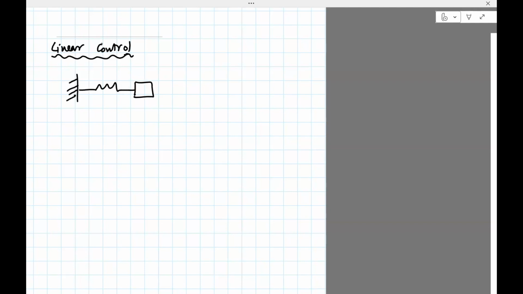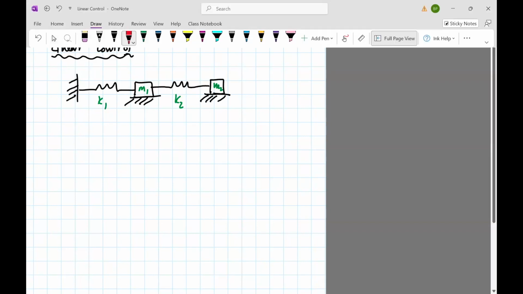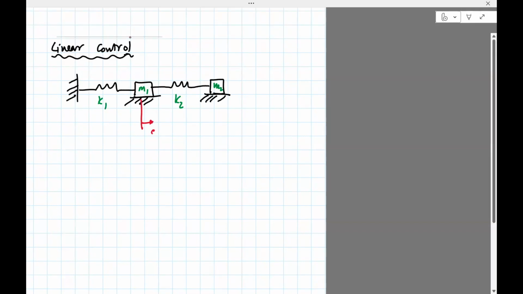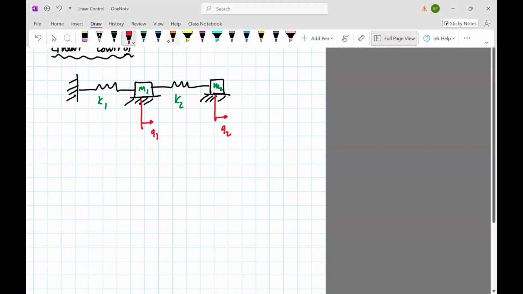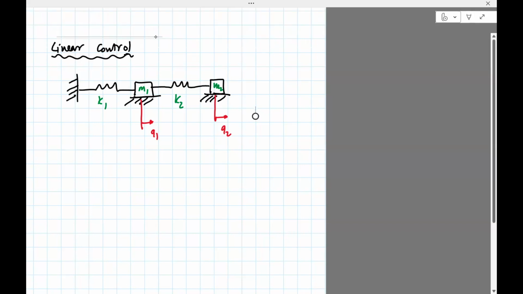We'll write the equations of the spring mass damper system, and then we will control the system. Okay, so we have two masses connected by a spring, two springs in fact, and we'll assume that we have control over some forces which we can apply.